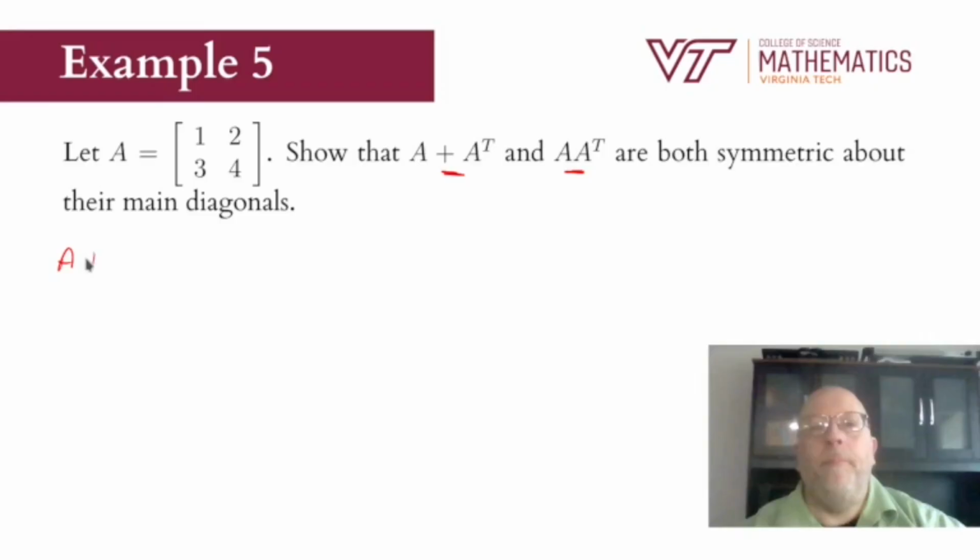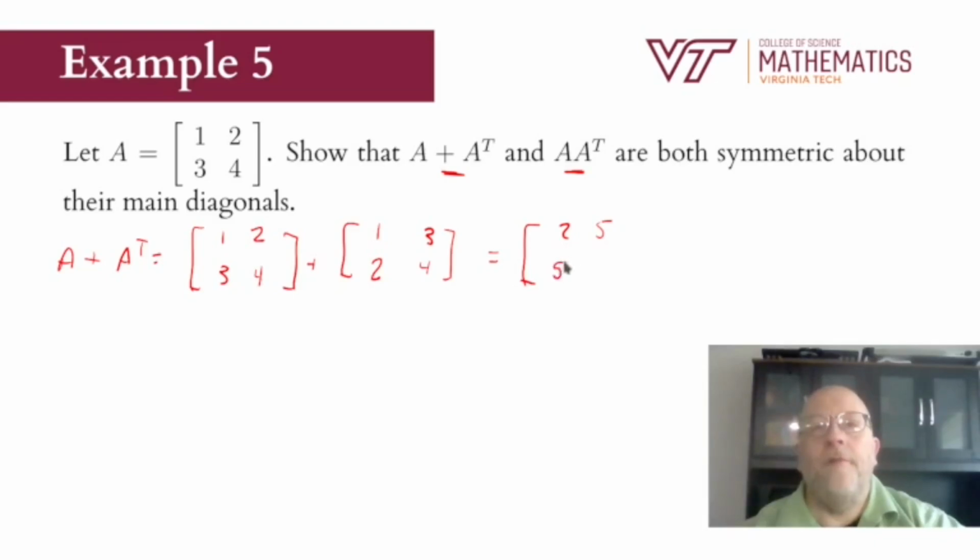So A plus AT. Adding is easier than multiplying, so we'll do this one first. That's 1, 2, 3, 4 plus. Now we're going to transpose this matrix. 1, 2 goes down, and 3, 4 goes down. And when we add these together, we get 2, 5, 5, and 8.